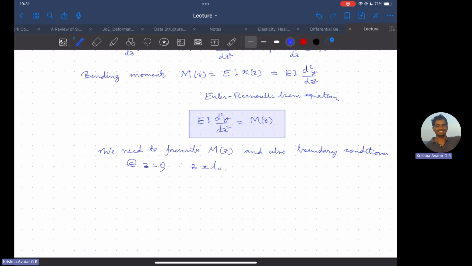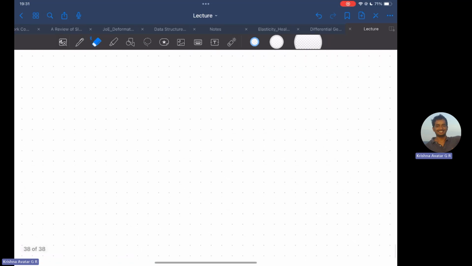We provide some boundary conditions, then we can solve such a problem. So this is roughly what we call the Euler-Bernoulli beam equation or beam theory.